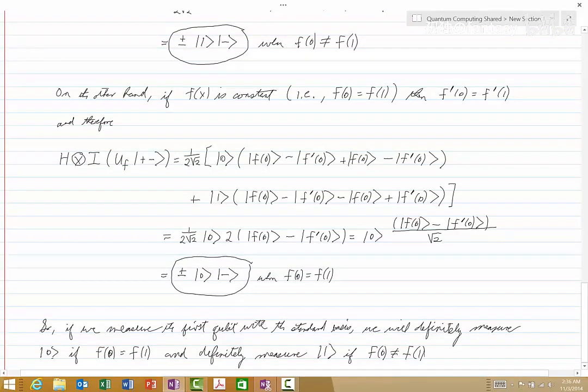Of course, we don't have to worry about the plus or minus because that's just a global phase difference in both of these, or a global phase term.